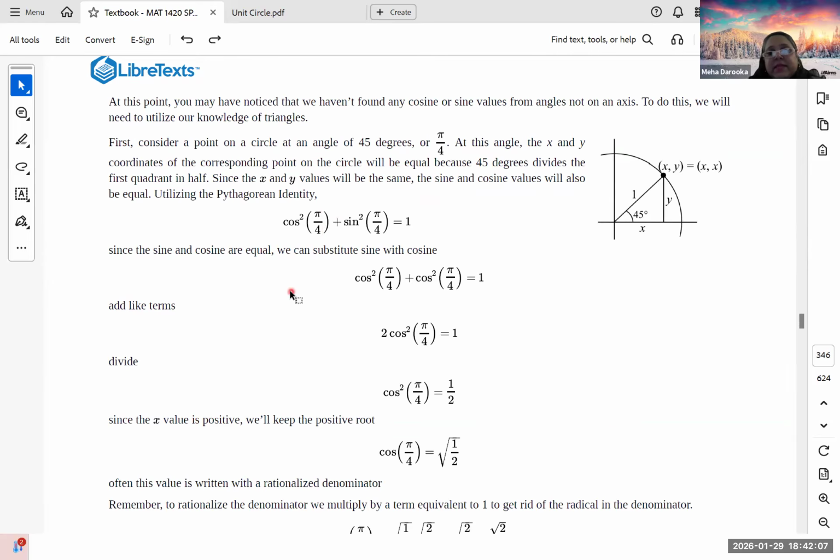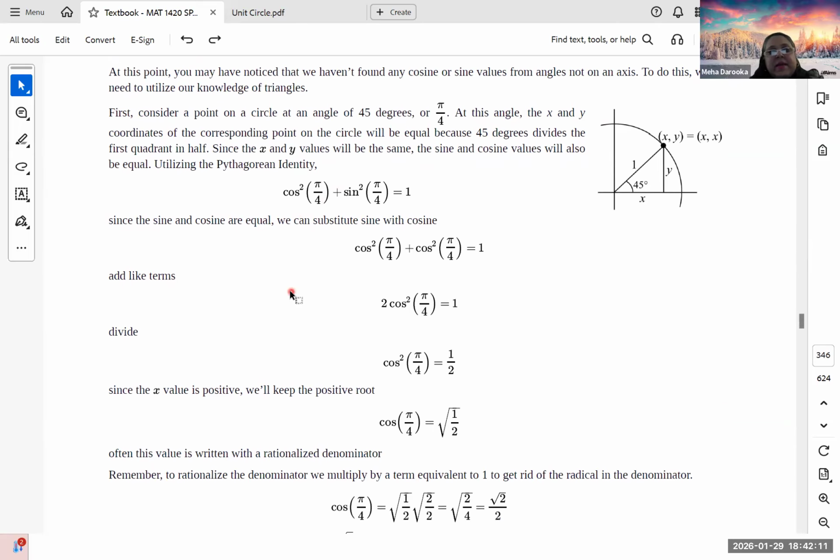And you can see by using the Pythagorean identity over here that we can verify that. So you've got cosine squared of pi over 4, and again, we're sticking with radians here, plus sine squared of pi over 4 equals 1. Since both of these values are the same, instead of writing sine squared, we can replace it with cosine squared of pi over 4.